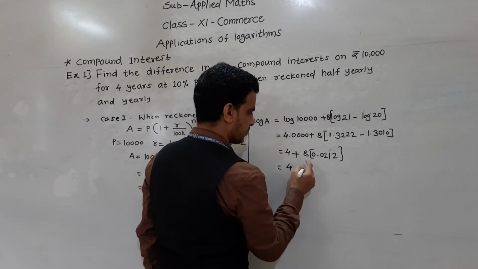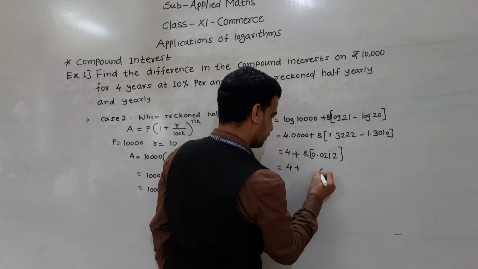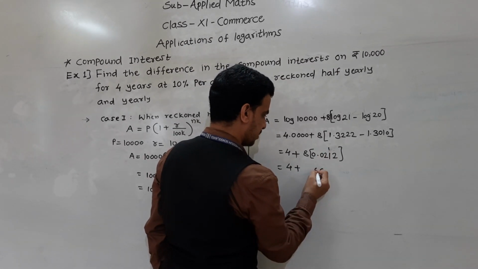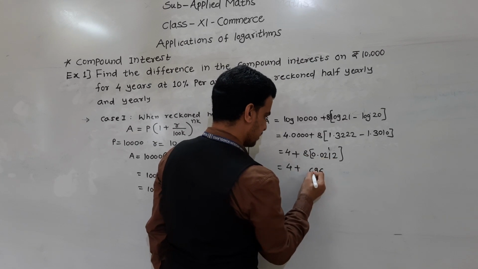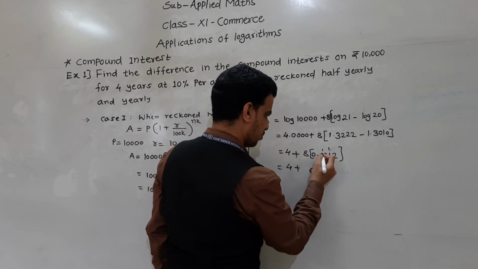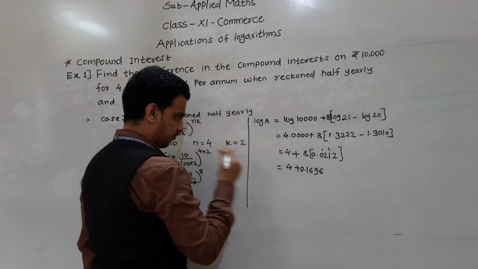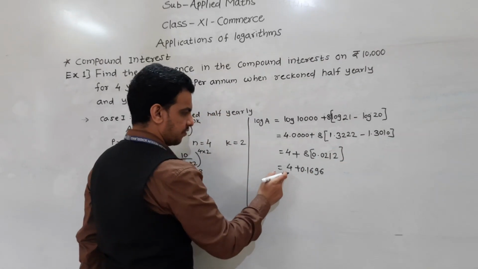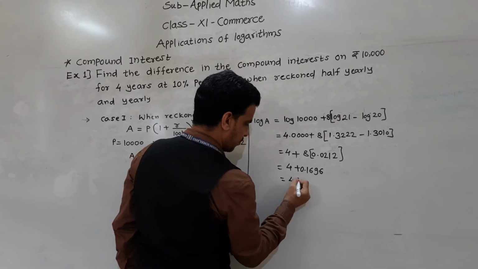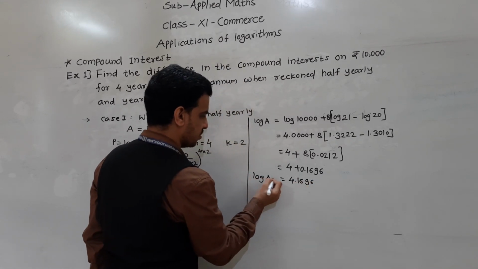So 4 plus, if we multiply this by 8, 8 twos are 16, 8 ones are 8 plus 1 is 9, 8 twos are 16, 1. So 8, 0, 0 and that 1 is 0. So 0.1696. If we add this, it is 4.1696. So log of A is equal to this.